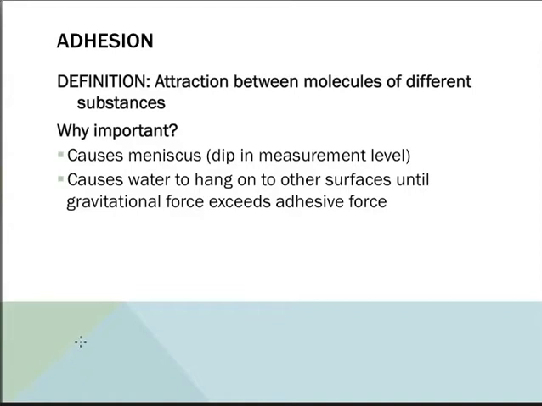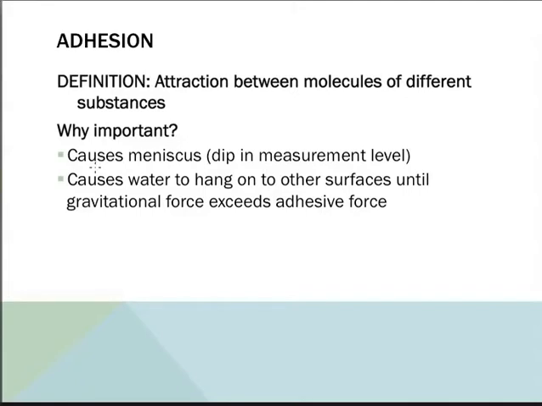Then we have adhesion. Think of adhesive tape. You're adhering two different things together. So this is the attraction between molecules of different substances. So this would be water and the inside of a beaker, or water and a window. Why is this important? This is what causes the meniscus, that dip when you're trying to measure water in a graduated cylinder.